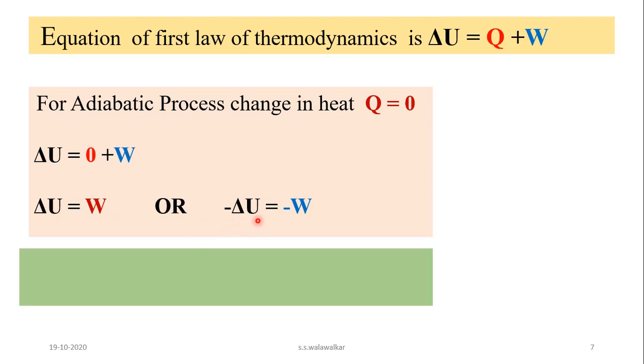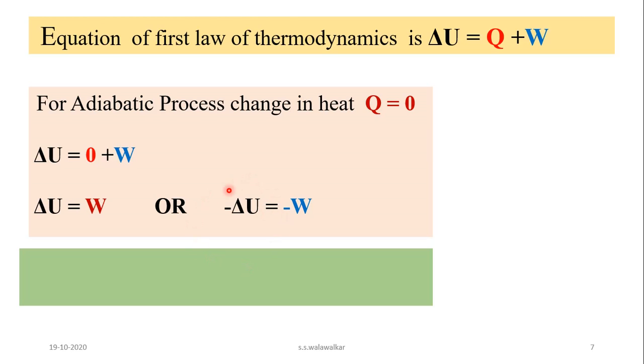Here also minus delta U is there. Therefore, whenever expansion takes place in adiabatic process, then the temperature decreases. That means cooling takes place. When expansion takes place in adiabatic process, internal energy decreases, and that means temperature also decreases, because internal energy depends upon temperature.